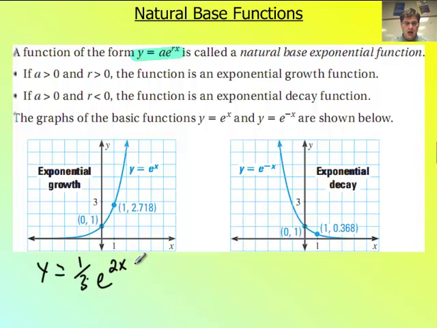It's positive. I could even include a horizontal shift and a vertical shift if I wanted to as well. So I'd have my h and k, which still applies.